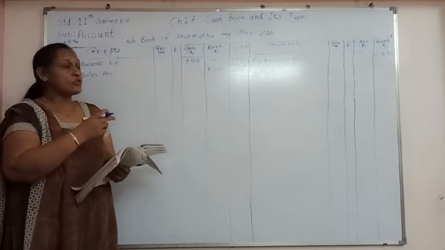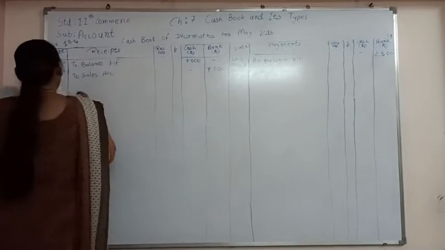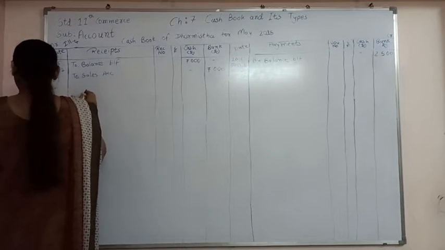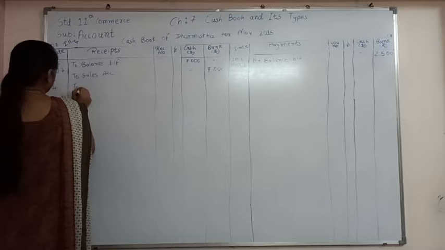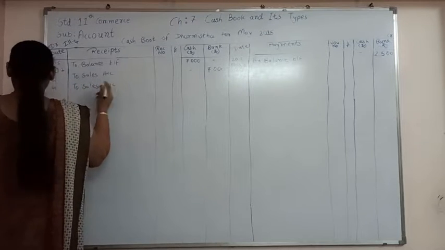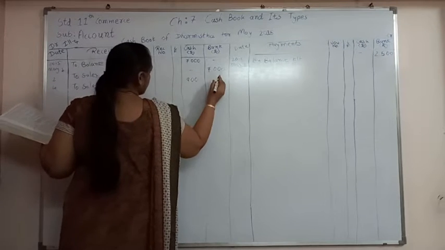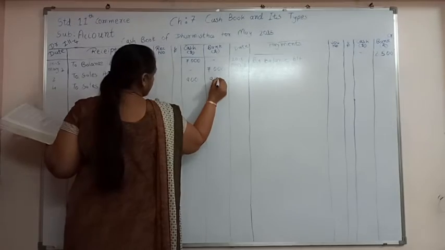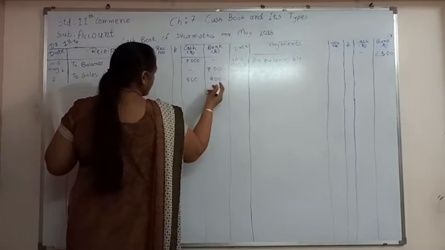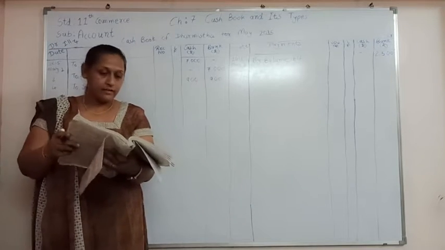So here we are going to write in both columns 900, 900, that is on the 4th date, to sales account. We have received 900 by cheque and 900 by cash, so we write 900, 900 in both columns.